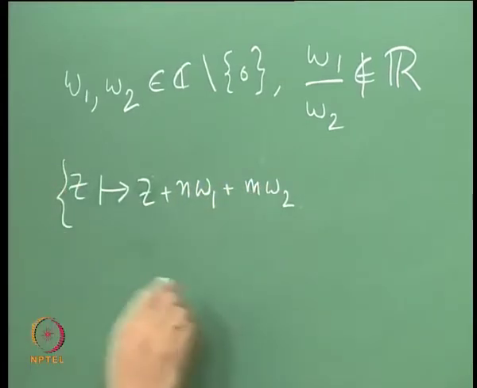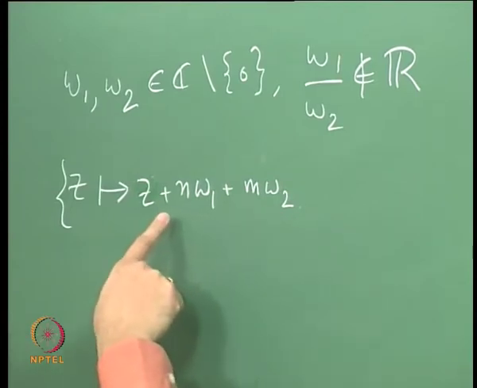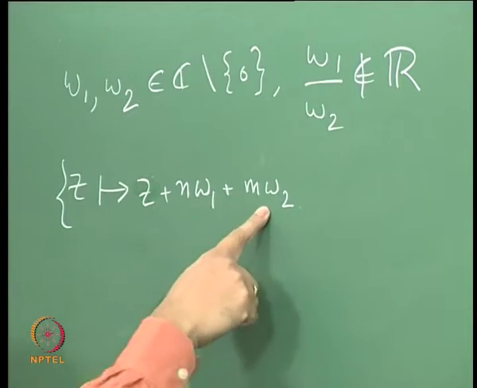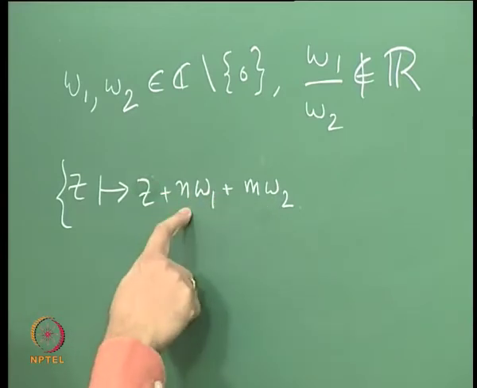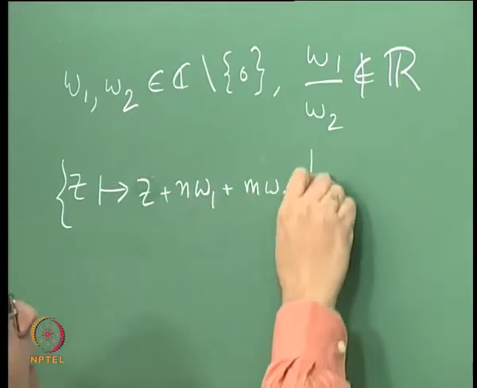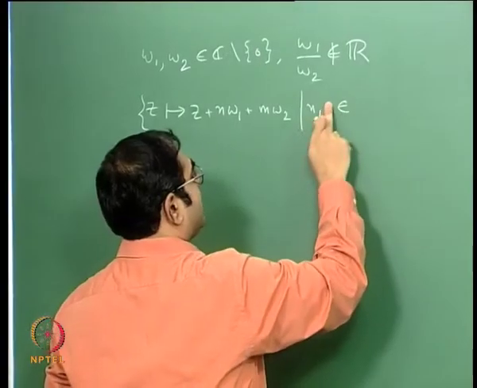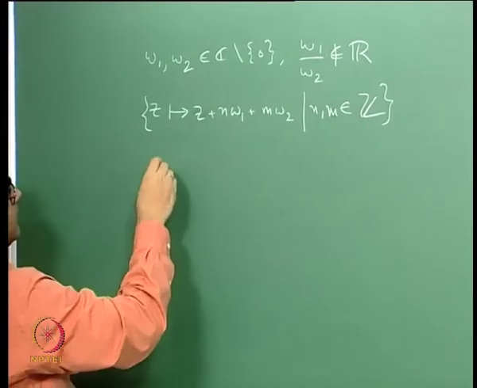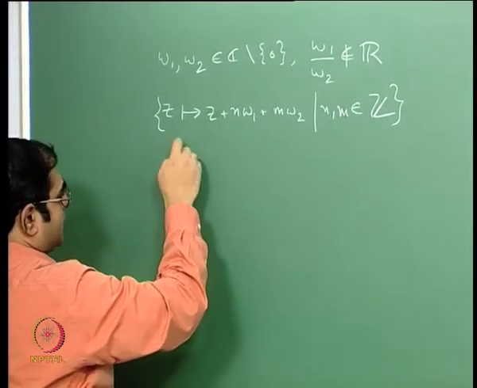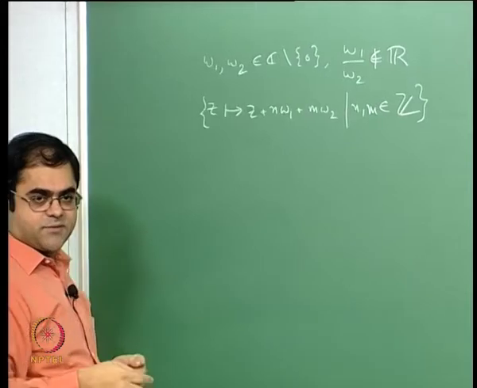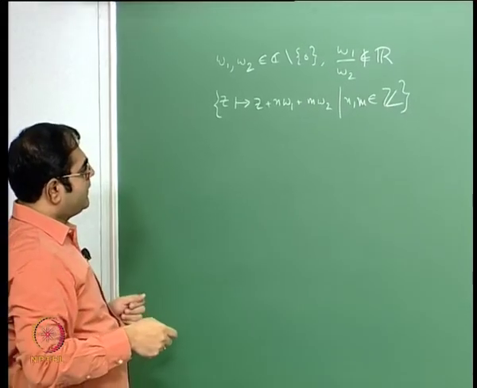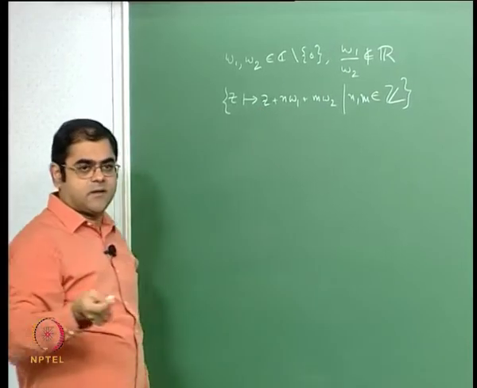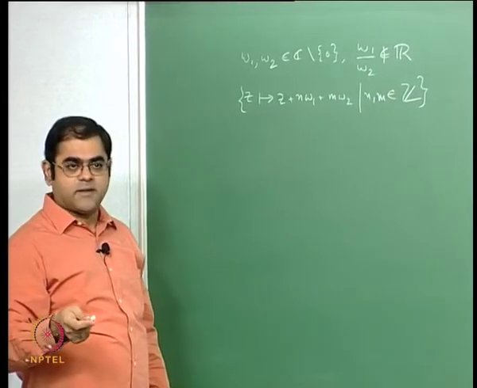You look at all these translations by integer linear combinations of omega 1 and omega 2, where n and m are integers. Of course these are Mobius transformations, and being translations, the only fixed point that they have is the point at infinity.